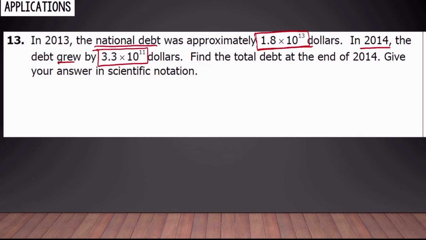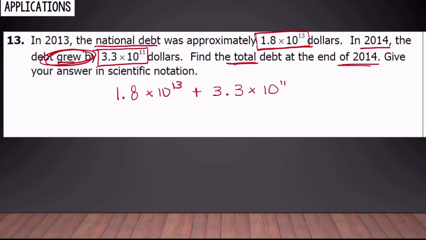So what it's saying is I started out in 2013 with this. Then there's a keyword, grew. So that's going to signal that it went up by this much. They want to find the total debt at the end of 2014. So I'm adding them. However, if we take a look here, our exponents are not the same.